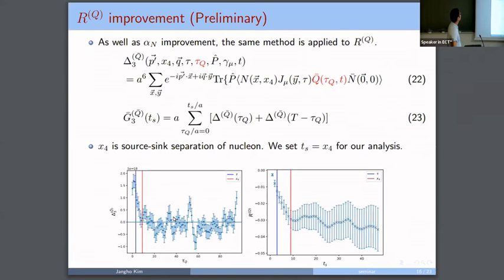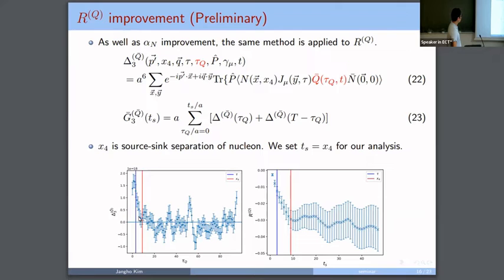We also improved the ratio R using the same technique. Insert the topological charge at only 1 time slice and add them symmetrically. If you see this, red is the sourcing separation and blue is the current insertion time slice.